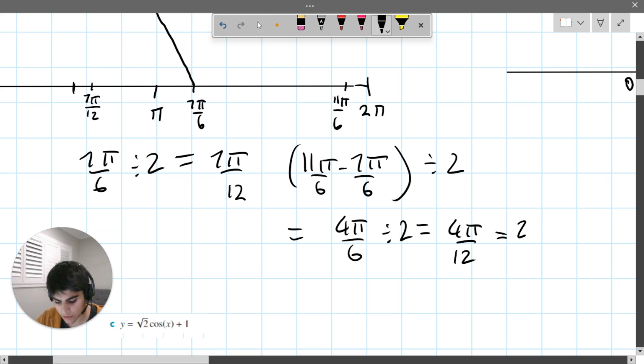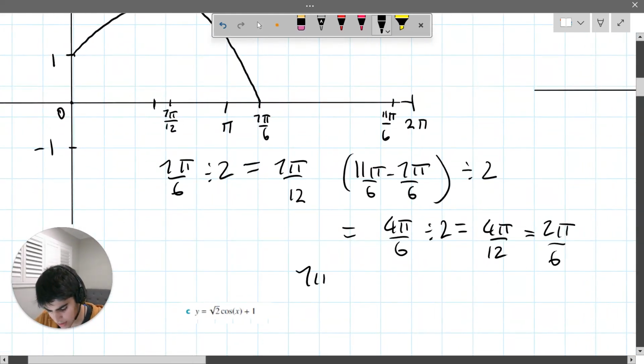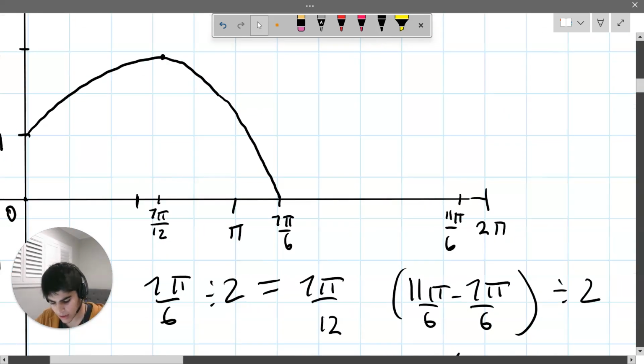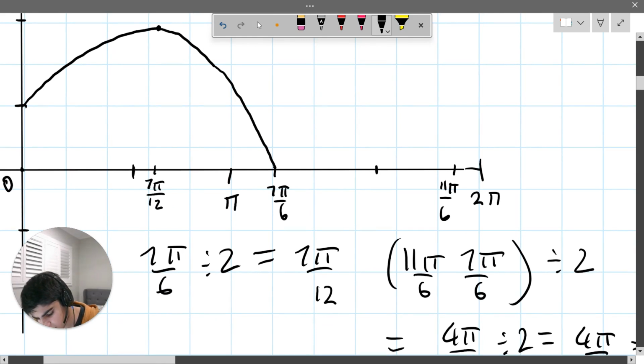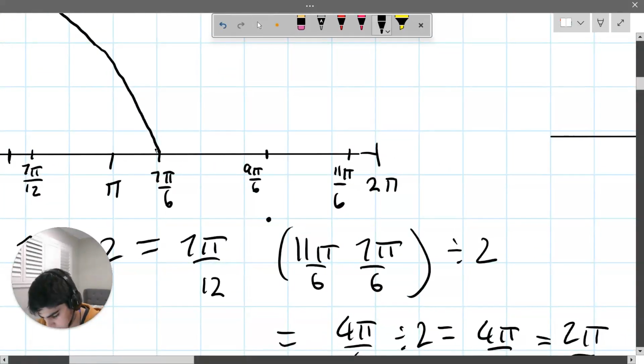Oh, sorry, this is 2 pi on 6. Yes, 2 pi on 6. So we just add 7 pi on 6 plus 2 pi on 6 equals 9 pi on 6. Right, 9 pi on 6 is approximately halfway. Let's put our minimum point here. And then we end at 11 pi on 6.